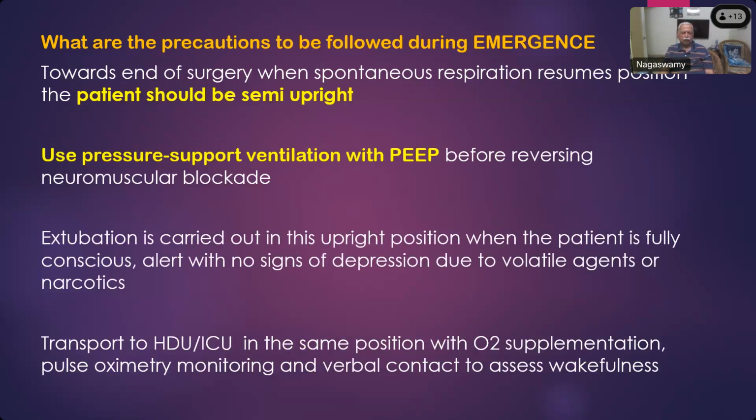And transport to high dependency unit or ICU in the same upright position with oxygen supplementation, pulse oximetry monitoring, and verbal contact to assess the wakefulness. Because especially if they have OSA and they become drowsy, they may hypoventilate. And there are cases reported where patients have arrested before going to the PICU or HDU. So keep talking to them and keep them in a wakeful state while you are transporting such patients.